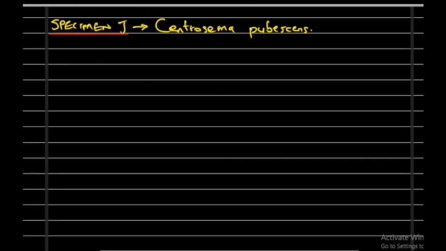You notice here that I wrote the scientific name because that is what we were given. So let us quickly look at its classification. It belongs to the kingdom Plantae. Phylum, it is a tracheophyte. Class, Angiosperma.